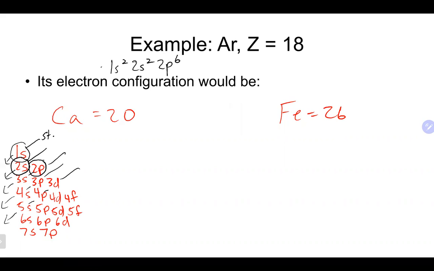If you lose track, you could just count the top numbers. That's 6, 2, and 2, which is 10. I got 8 more to go. Next would be our 3s, which we could put 2 into, that is 12. We then need to zigzag now to our 3p, which would come next, and that would give us 3p6. Any questions on that one there?